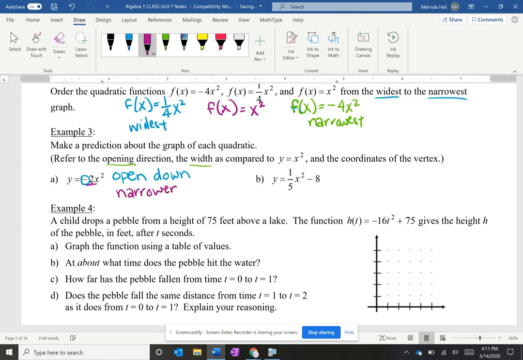Okay? Now, if I have 1/5 in front of it, remember that because it's positive, that tells me that it opens up. But then because it's 1/5, that's a fraction, so it is going to be wider than x squared. And then last but not least, with this minus 8, that minus 8 tells me that it shifts down 8.